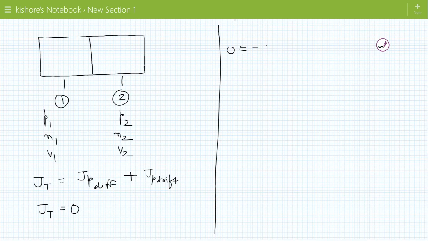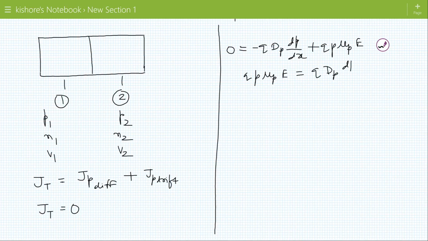Hole diffusion current is minus q Dp dp by dx, and hole drift current is q p mu p E. This E is induced electric field that will oppose the diffusion of charge carriers from one side to another side. So this is q p mu p E, that is equal to q Dp dp by dx.